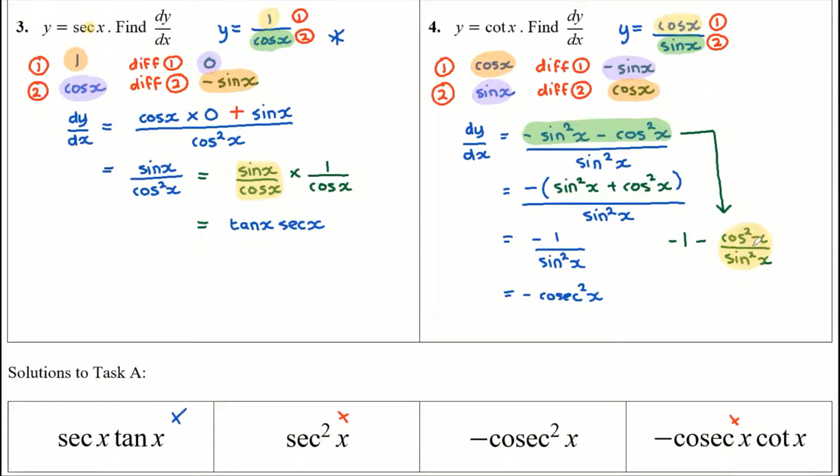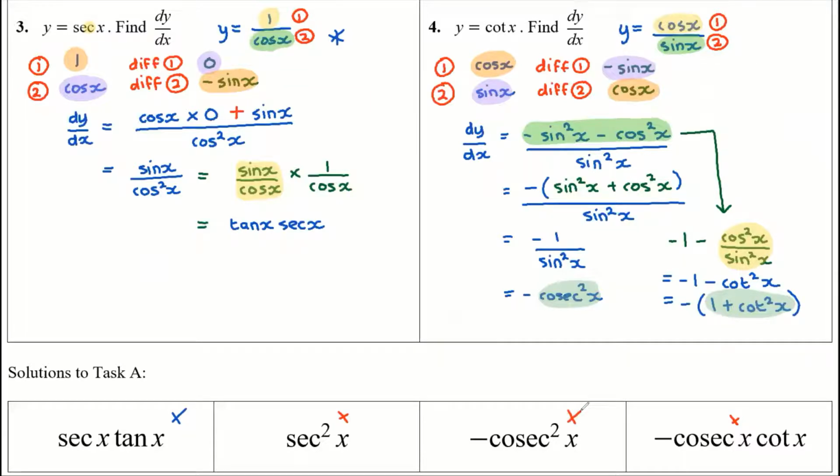So you're going to get negative 1 subtract cot squared x, which is equal to minus 1 plus cot squared. Now, if you know your Pythagorean identities, you'll know without too much trouble, hopefully, that everything in that bracket is identical to cosec squared, and then the minus takes care of itself. So there's different ways to get there, but we've now verified all these results here.